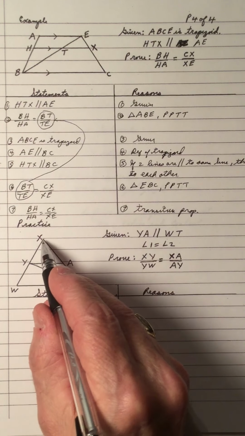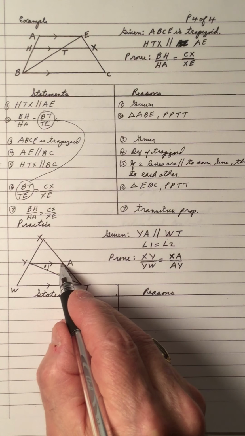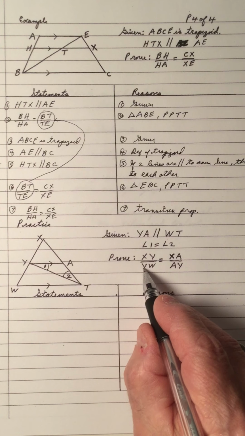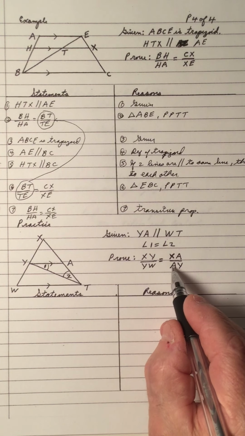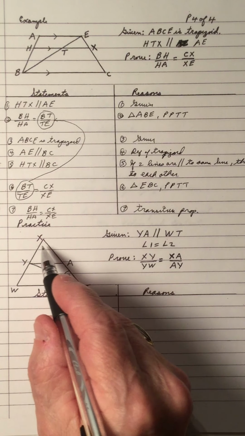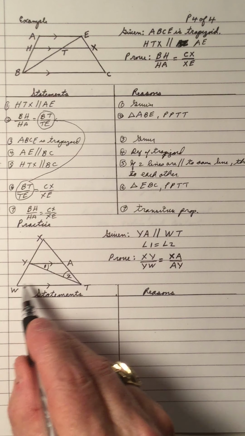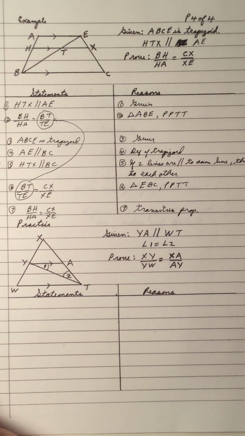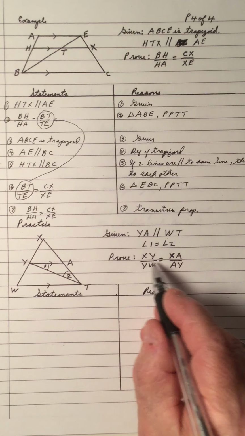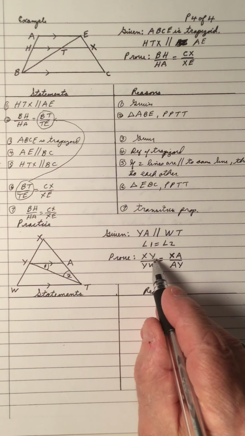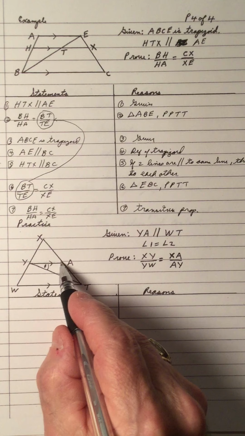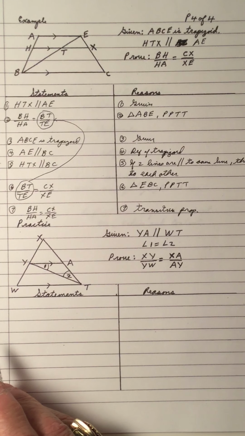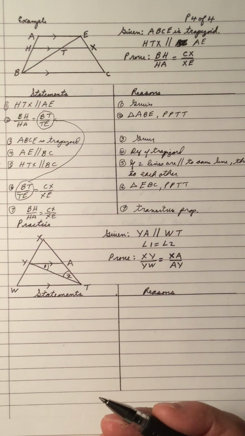XYA is a triangle. And YW, oh, that's not a triangle. So how am I going to get it? XYA is a triangle, but the bottom is not. So I can't get it with similar triangles.